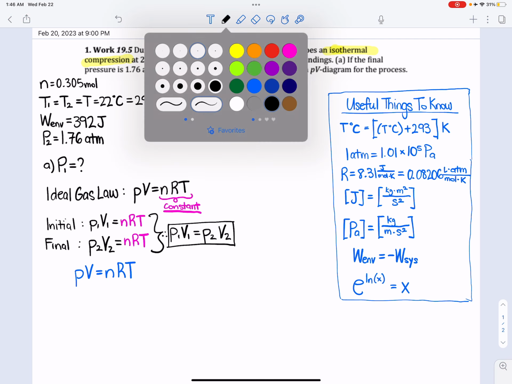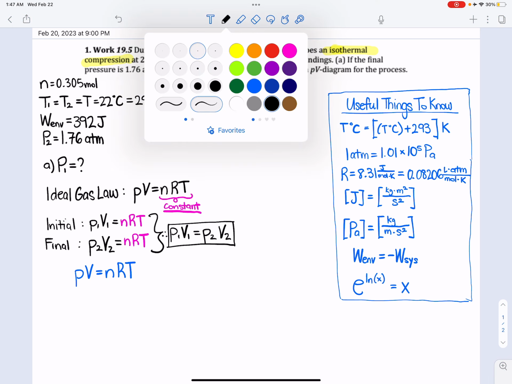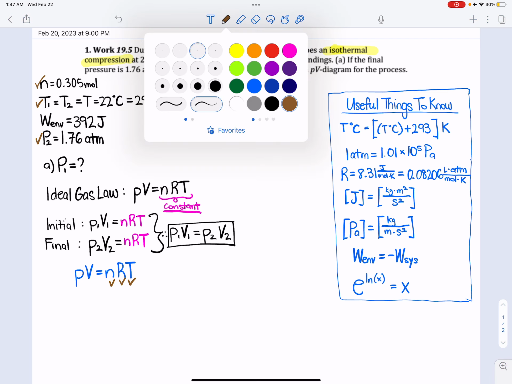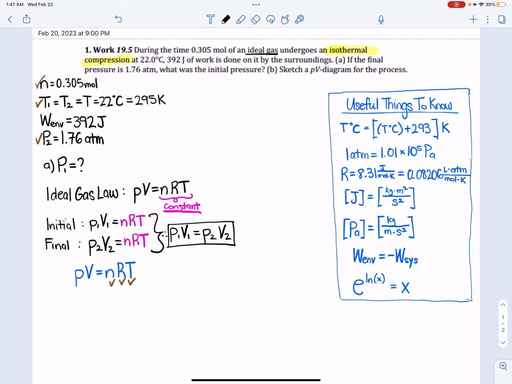Okay. Let's check some of the things I have. I know N, it's given right here, so I got this. I know R. T I have, that doesn't change, it's isothermal. And I know P2, right? So because I know P2, I'm going to use the final state.